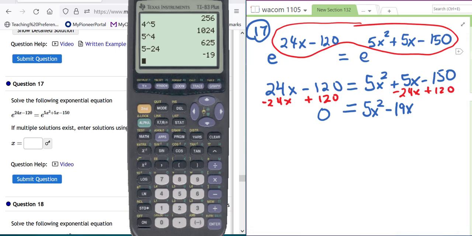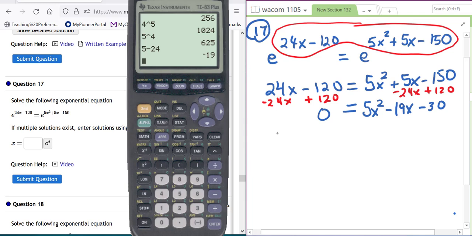And that should give me a negative 30. Okay, let's see. Not such a nice problem. We could try to factor it.